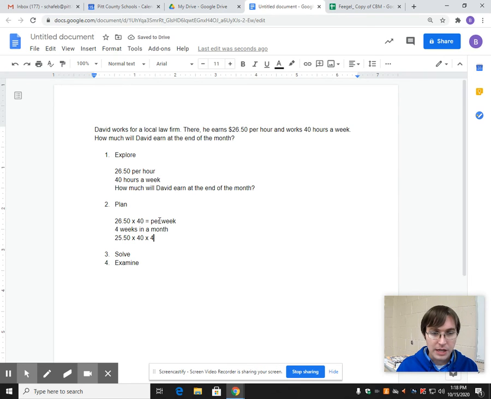That seems like a pretty good plan. That seems pretty reasonable. The last thing that I want to do is I want to come up with an estimate, a quick idea of what I might come up with for an answer. The way I'm going to do that is to round. If I round 26.50 down to 25, that's an easier number for me to work with. And then I multiply that by 40, and then I multiply that by 4.